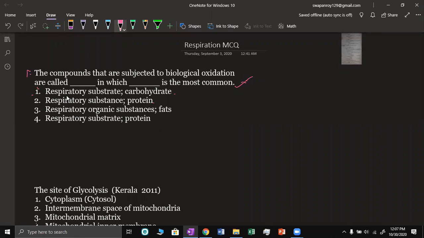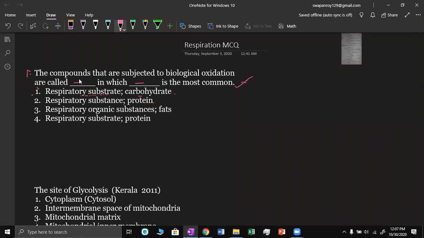The first word is for the first gap and the second word is for the second one, so you have to maintain the sequence also.